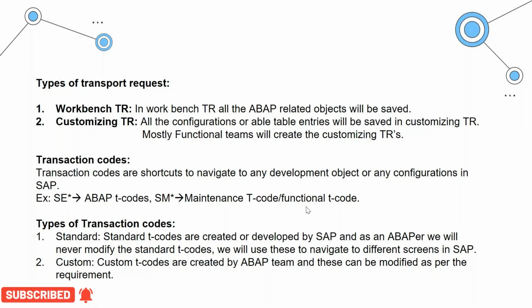Now, how to identify what is standard, what is custom? I told you that you should not change standard packages. I said you should not change standard T codes. So likewise, no standard objects in SAP should be changed. So how to judge which is standard, which is custom?